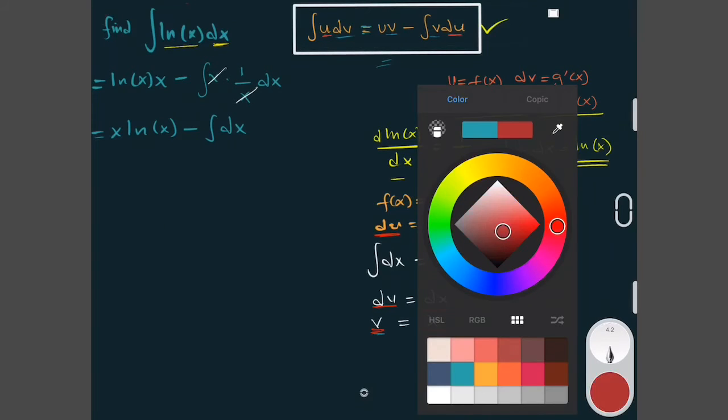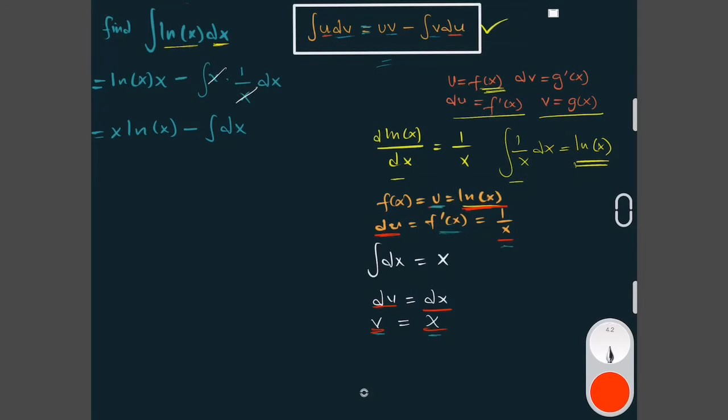And this tells us that our answer should be something of the form x ln of x minus the antiderivative of dx. But we already saw the antiderivative of dx is just x, plus our constant c. And that is our solution.